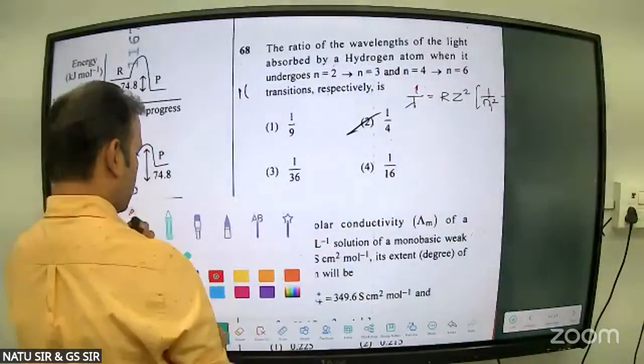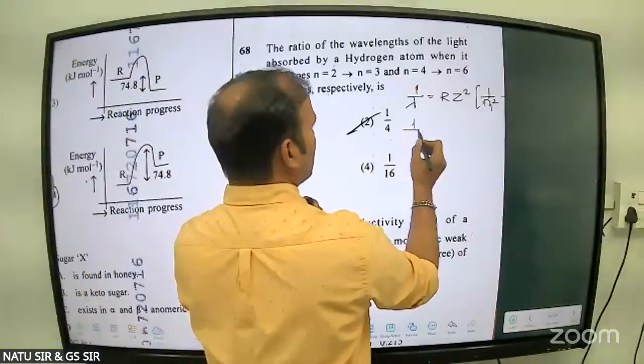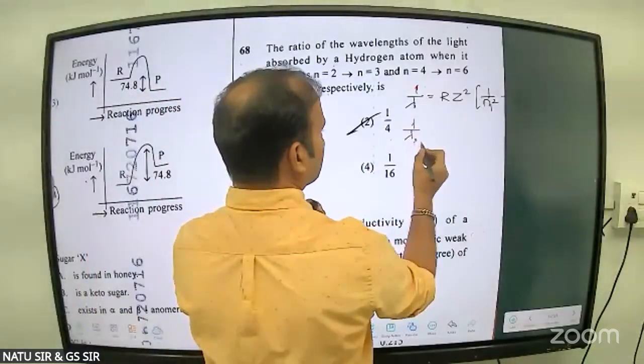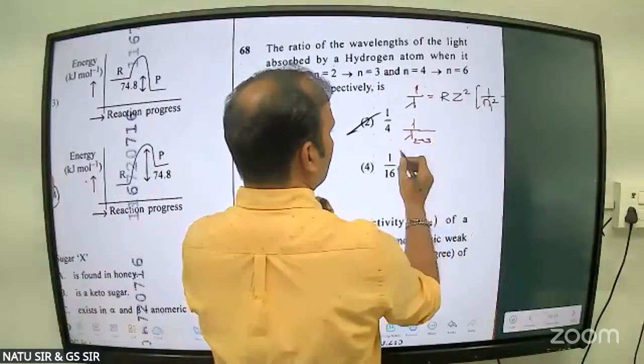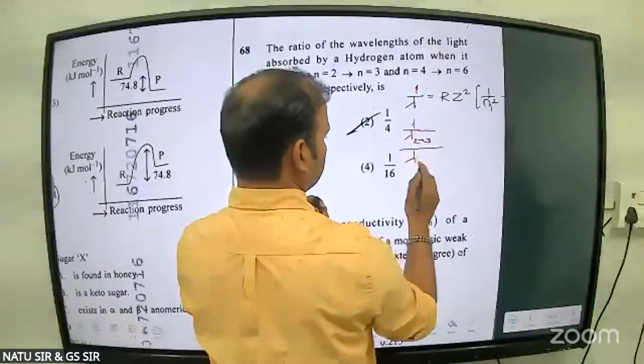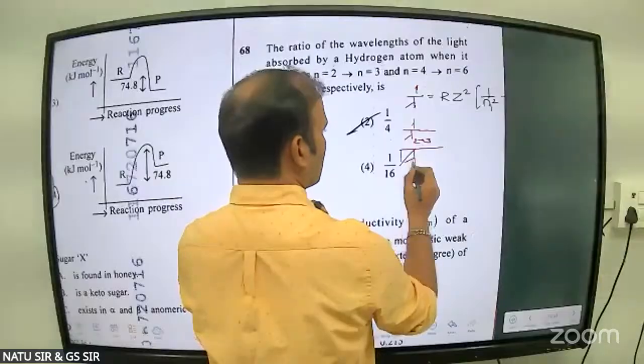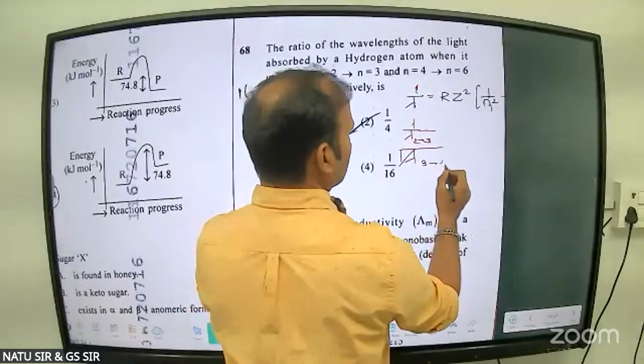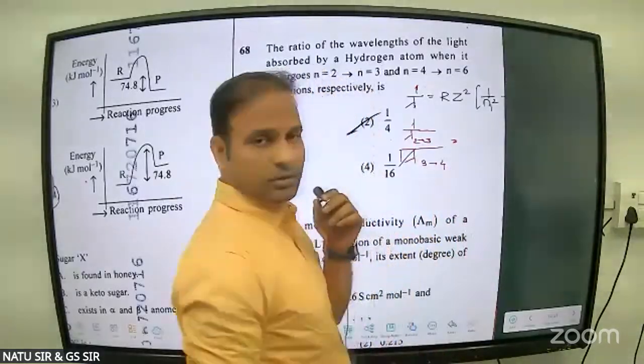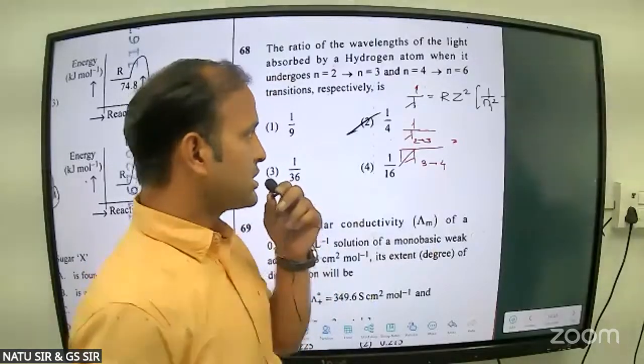Right? Then this is 1 upon lambda of, I'm taking it as 2 to 3 upon 1 upon lambda of 3 to 4. R और Z सेम ही आता है, Z कैंसिल हो जाएगा.